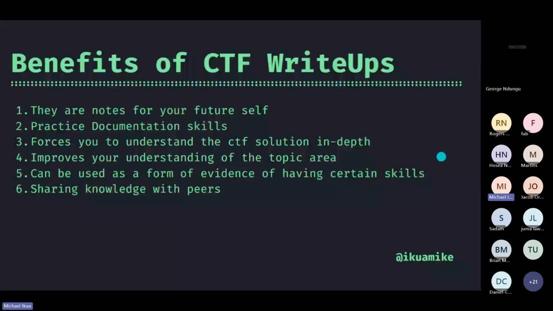Or if you have some money to spend, you can buy your own hosting and host your own WordPress site. For example, if you want a .co.ke domain, you can go to one of the local providers like Safaricom and host your blog and write-ups there.